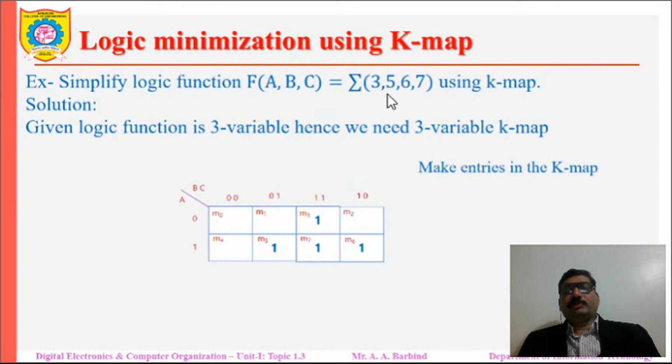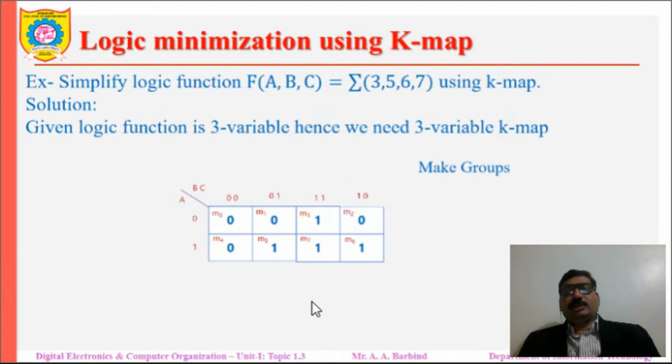So from the minterms also we can make the entries into the K-map. The remaining cells of the K-map will be 0, because for those inputs the output will be 0.